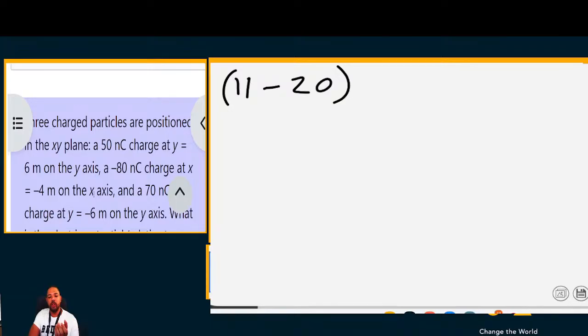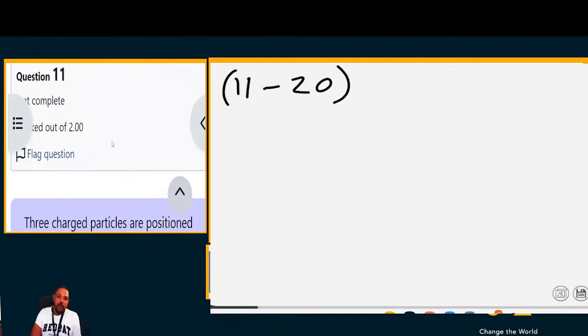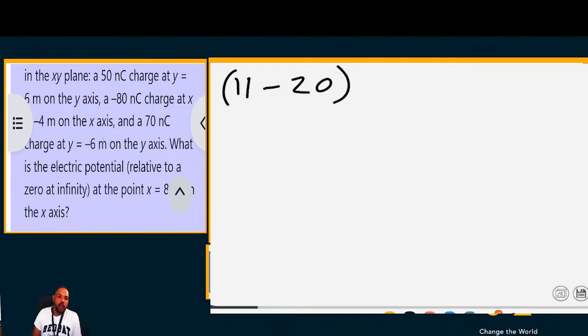Now, the session mostly deals with electric potential energy and electric potential in general. Now, this is my notes. Question number 11 is as follows. They tell us three charged particles are positioned in the XY plane.